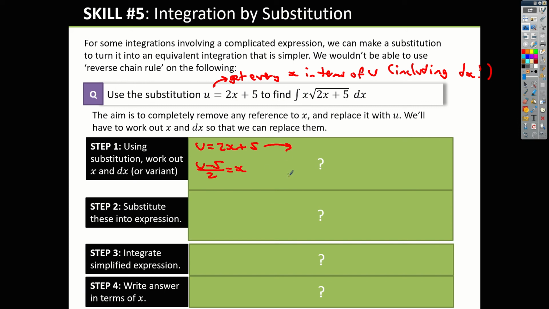And then also, if I differentiate my substitution, du by dx is equal to 2, because that's the derivative of 2x plus 5 with respect to x. What I now want to do is rearrange this by considering these derivative symbols to be a fraction, which you're allowed to do. I'm going to times by dx and put it over on this side with the 2. And I'm going to divide by the 2 again to make a half du.